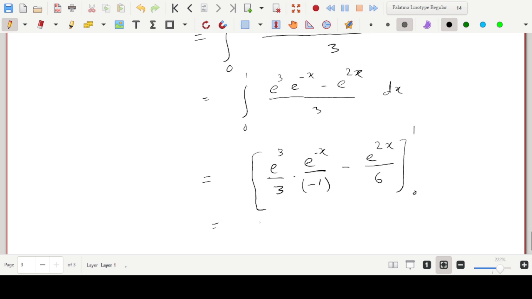So it is e squared divided by negative 3, minus e squared divided by 6, minus, now we shall substitute 0, so e cubed over negative 3, minus 1 over 6.